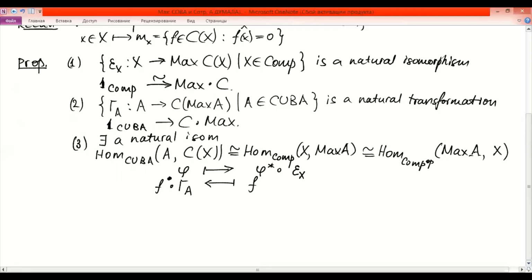So this picture means that the functors max and C form an adjoint pair. This is an adjoint pair of functors.